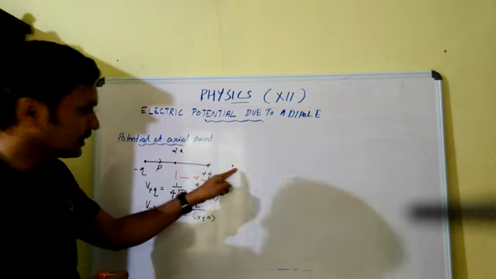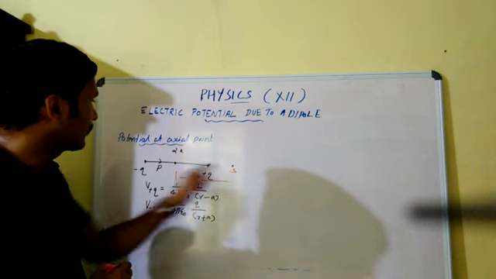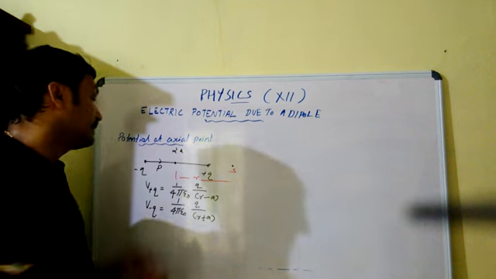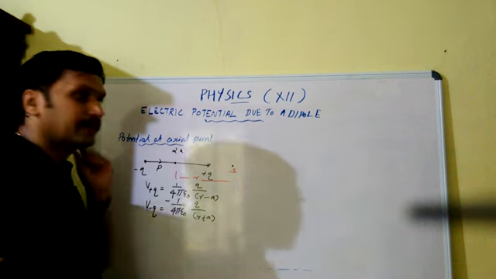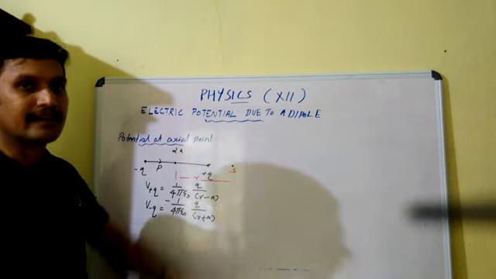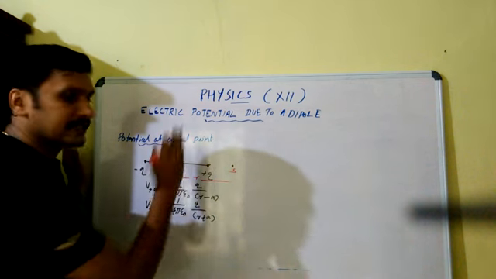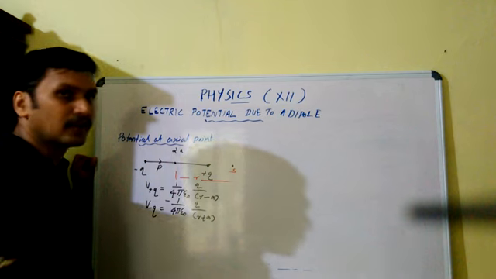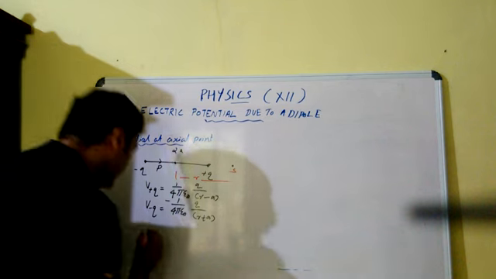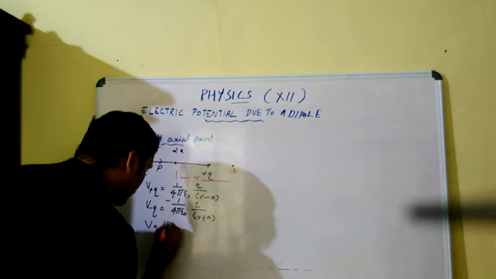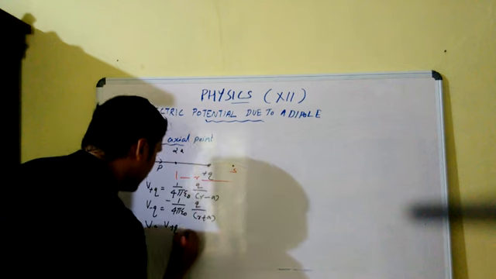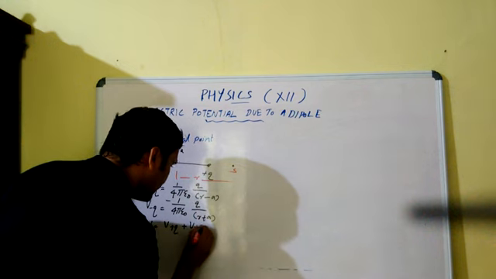From here it is r, then a, so r plus a. This will be a negative quantity because this is the potential due to a negative charge. Now the total potential at S is the algebraic sum of these two quantities. That is, total potential is V plus Q plus V minus Q.